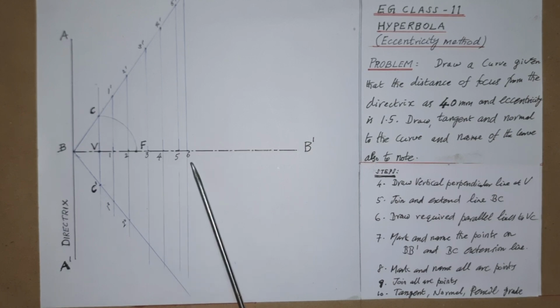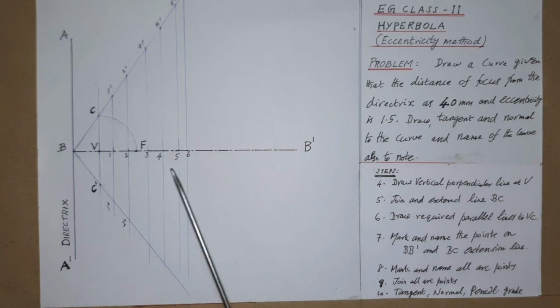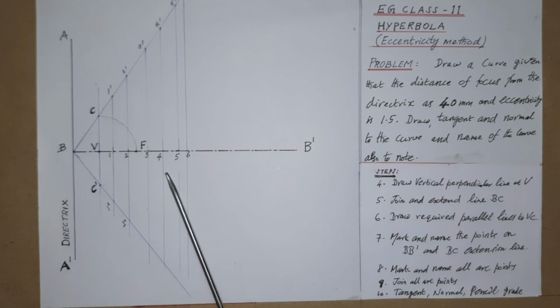But remember once again, the gap between successive lines is not compulsory to any value or equal value. That is, as required, they may be decided and drawn at approximate uniform gaps based on suitability.